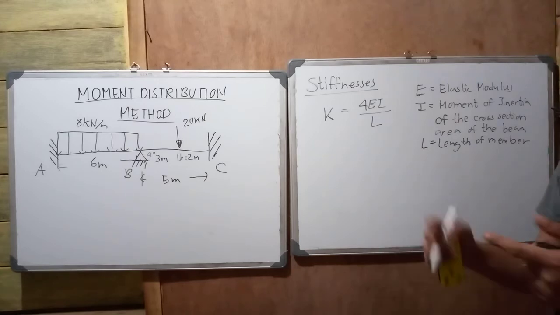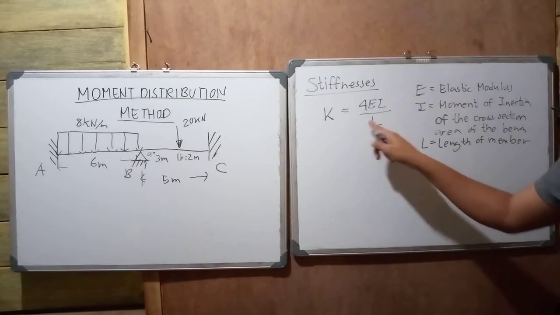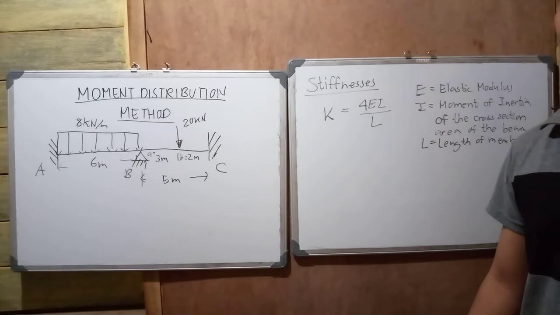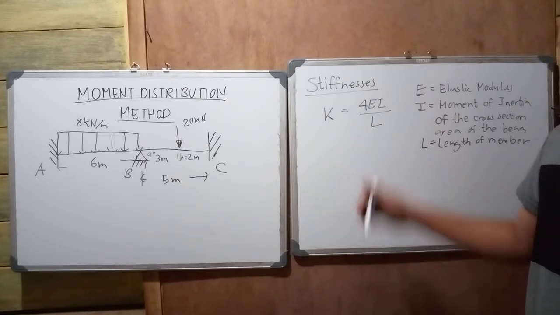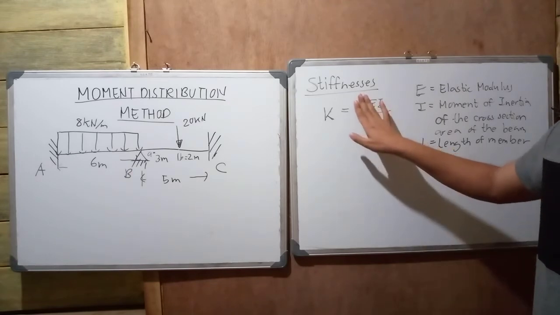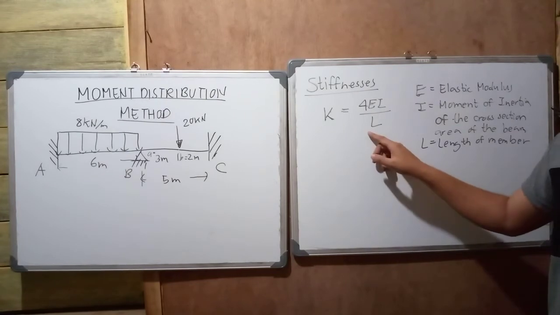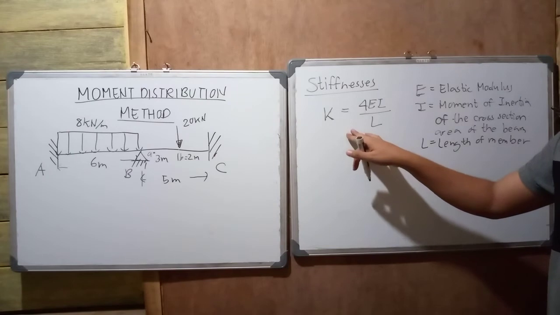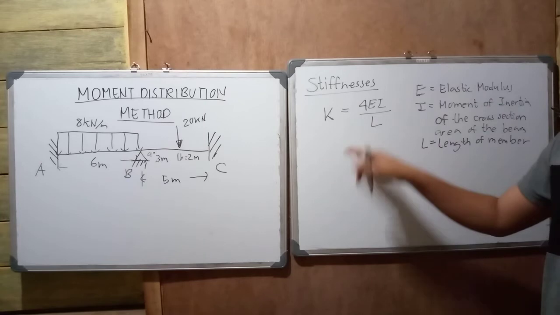But to make it easier and less confusing, we will take K as equal to 4EI over L regardless of the form of your beam. It doesn't matter because of the constant 4. You will understand as we solve what the stiffness is used for. For this, memorize K equal to 4EI over L.